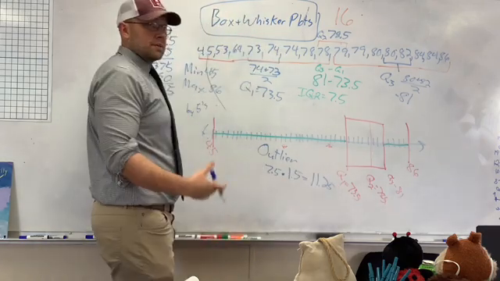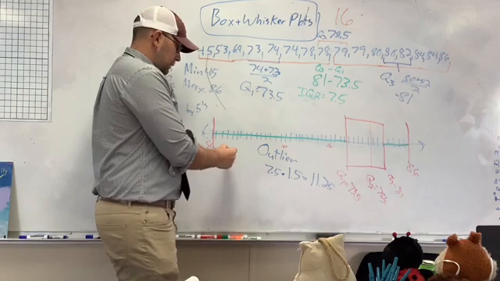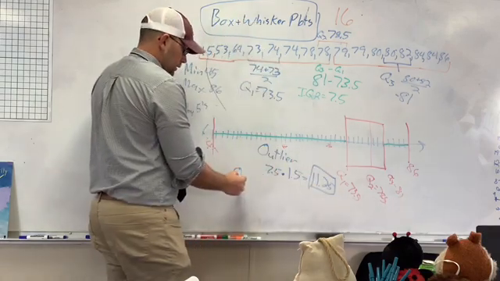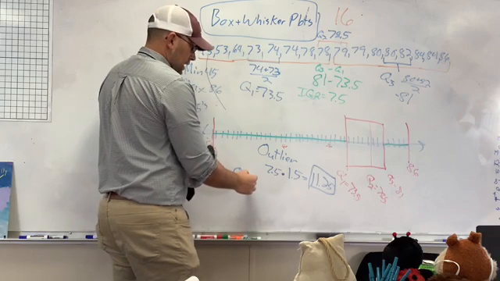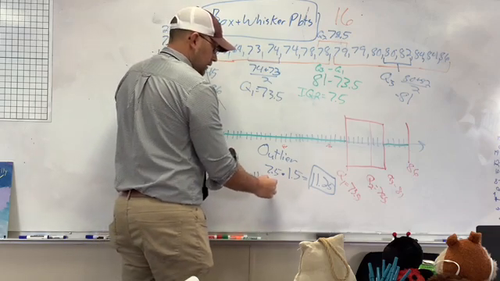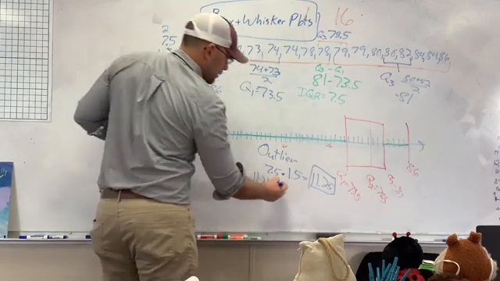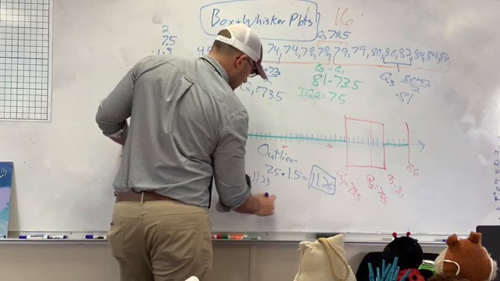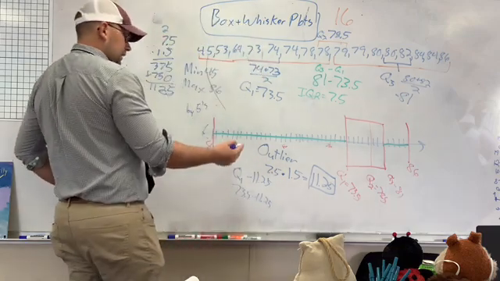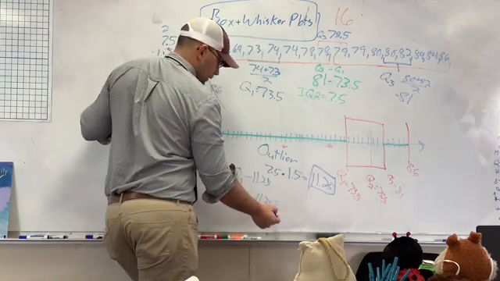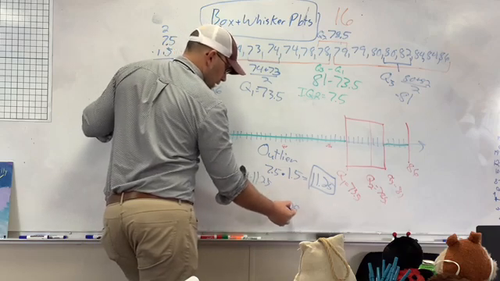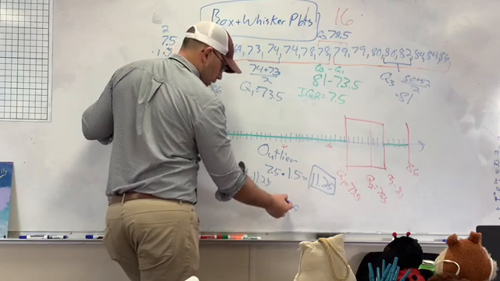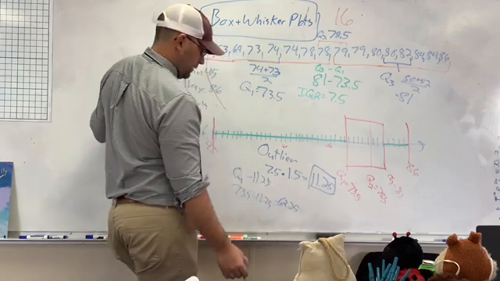So now to see if something is an outlier, I take my Q1 and I subtract 11.25. So my Q1 is 73.5 minus 11.25. That gives me 62.25.